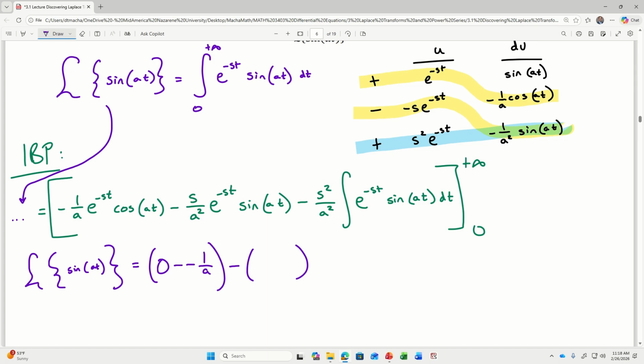That's 1. What's sine of 0? 0. So for that second term, it's just 0 minus 0 when I plug in the bounds of my integral. And then I subtract s squared over a squared times the Laplace transform of sine of at, because you recognize that.